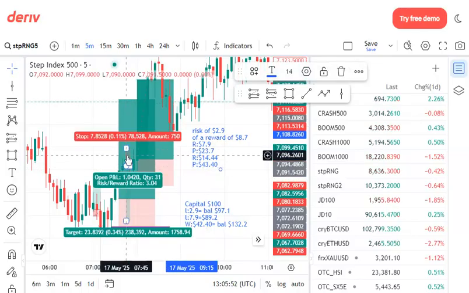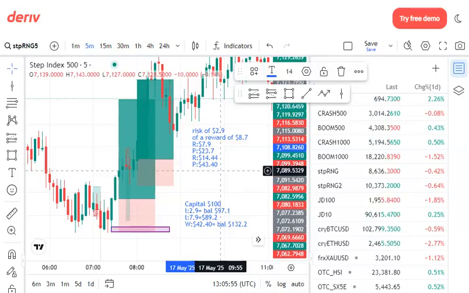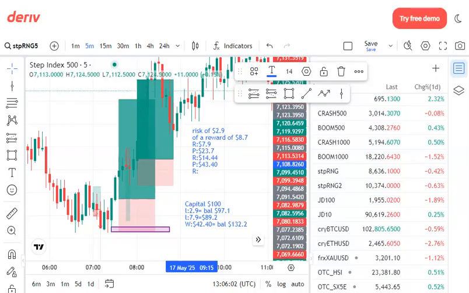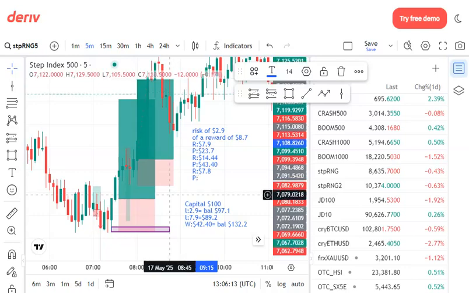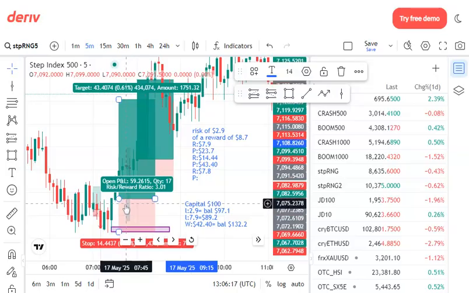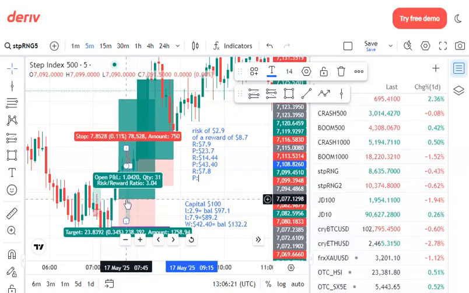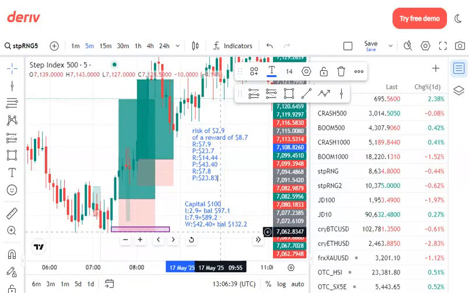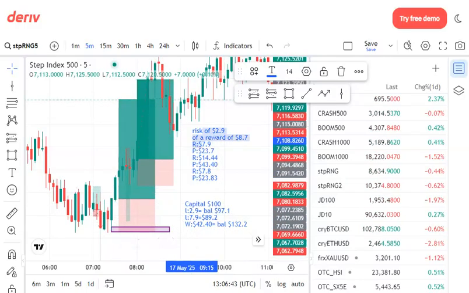When we took this trade, we risked 7.8 USD for a potential profit of 23.83. So it was a loss of 7.8 USD.